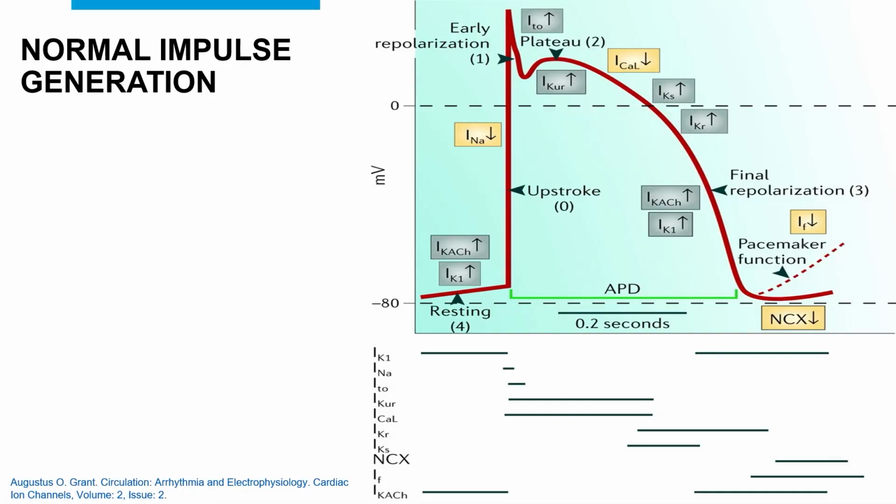So starting off then, repolarizing initially, moving into phase 2, and then phase 3, the bulk of your repolarization, driven predominantly by calcium and potassium channels. We'll speak more in detail about that, but just showing you the synchrony and the flow, which is really an amazing orchestration of channel physiology for every single heartbeat and conducted impulse in the cell, and I guess in the muscle and in the nerve.